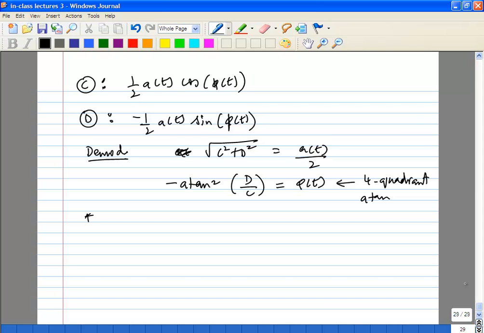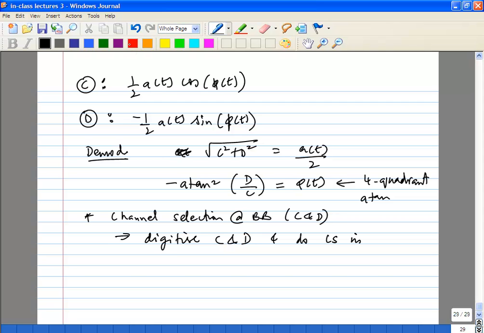Now you need to select the particular channel you are operating in, on C and D. Of course, the other thing you can do is digitize C and D and do the channel selection in digital. You can do that also.